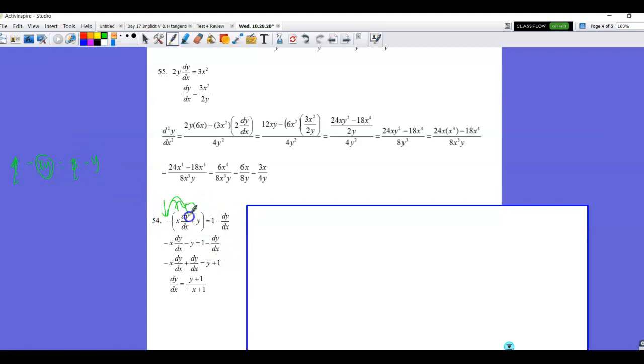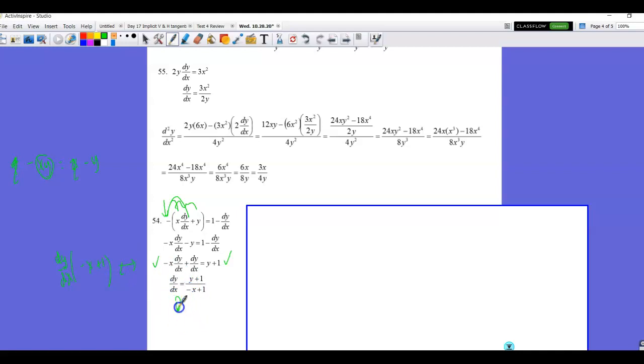I'm going to distribute, so that's going to give me the negative x dy dx minus y, isolating the dy dx terms on the left-hand side, the non-dy dx terms on the right-hand side, factoring out the dy dx. So when I factor out the dy dx, that will leave me with negative x plus 1 from here, and then dividing to get the first derivative.